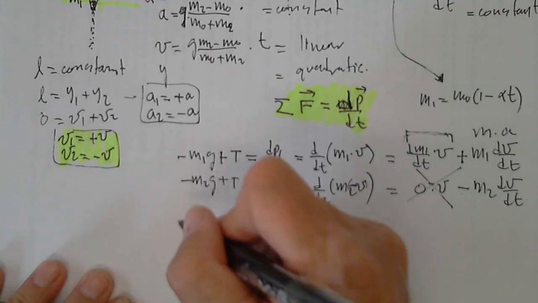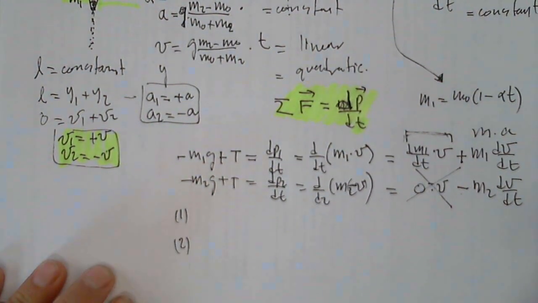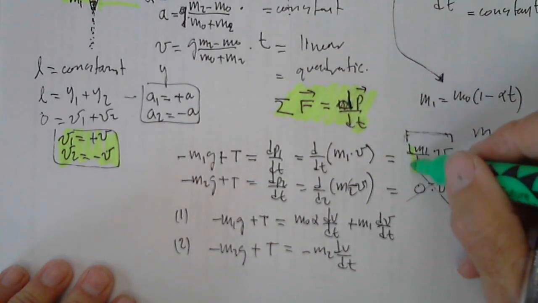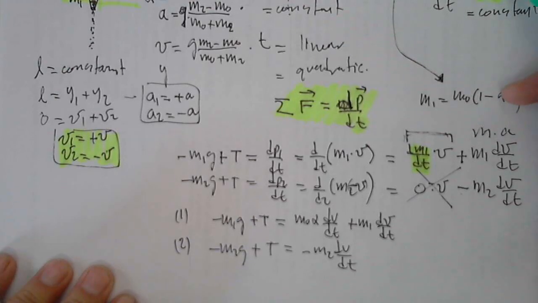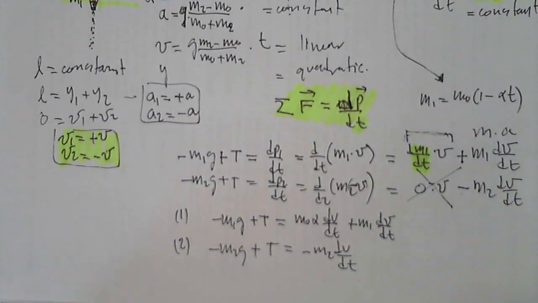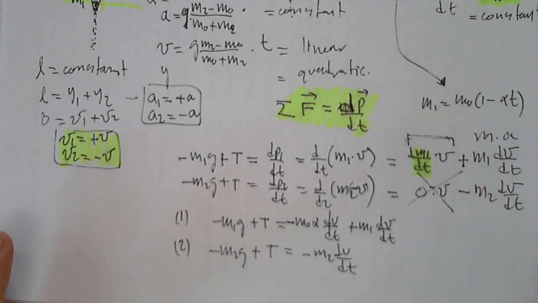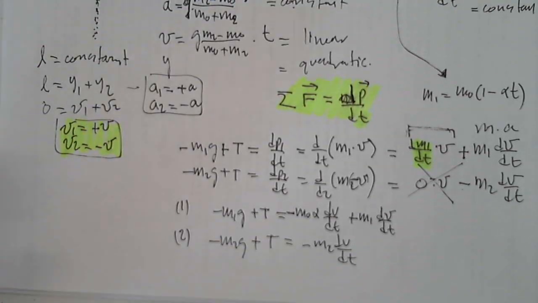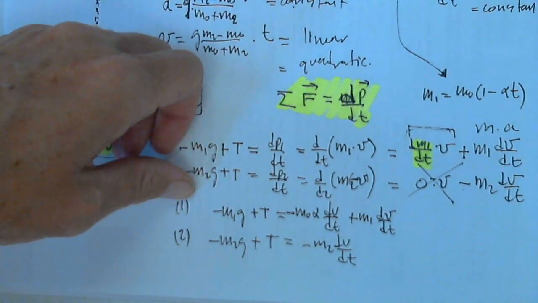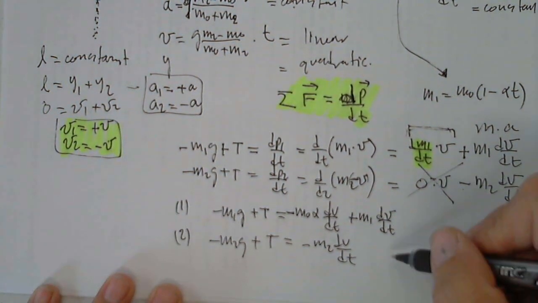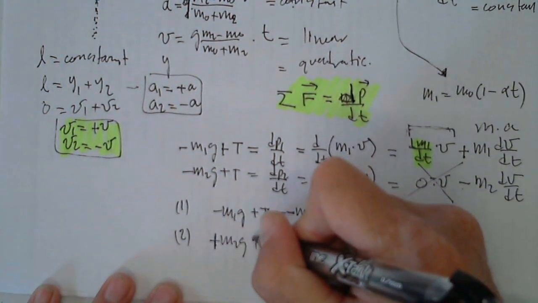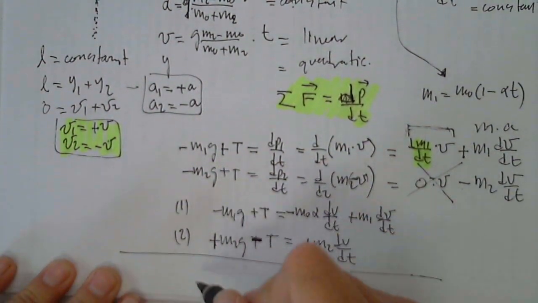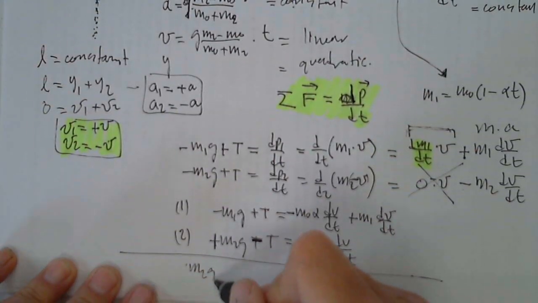Let me rewrite equations 1 and 2. So I rewrote the equations over here, and the derivative of the mass 1 with respect to time is negative m naught alpha. That's this term over here. Now I'm going to subtract the equations, or multiply the bottom one by negative 1. So this is positive, this is negative, and this is positive. Now I'm going to add them up. I like to put the positive term first.